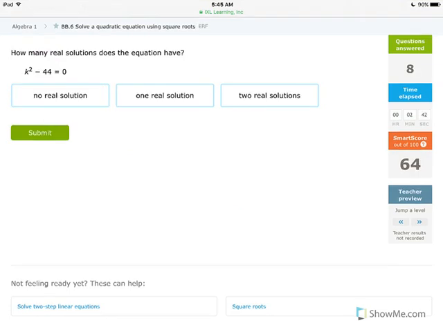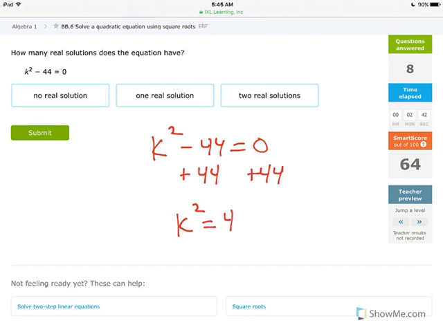And let's look at another one. So this one we have k squared minus 44 equals 0, and we're going to add 44 to both sides to get k squared by itself. So k squared equals 44. And if we tried to square root this, you would be square rooting positive 44.